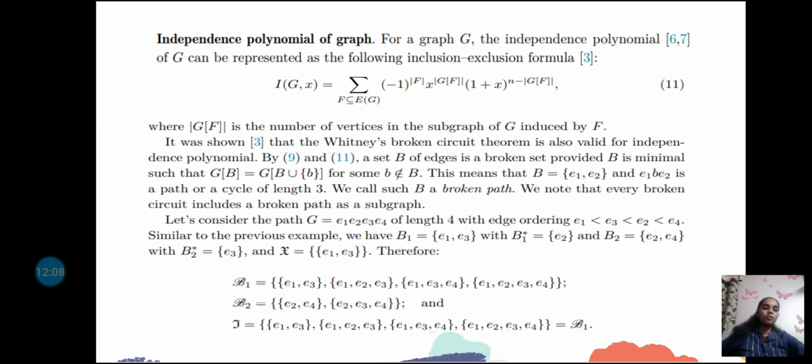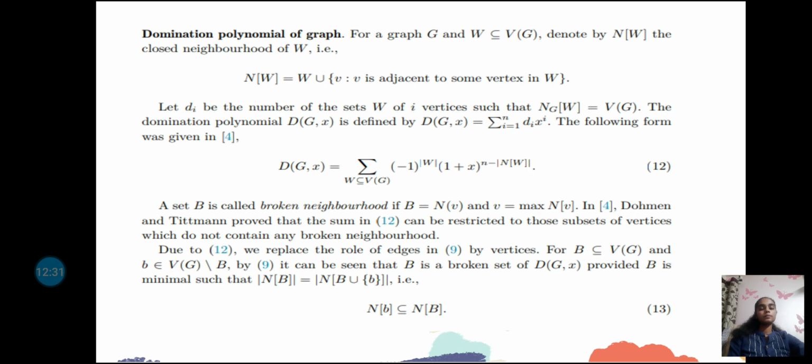A set B of edges is a broken set provided B is minimal such that G[B] is equal to G[B union {b}] for some b. Let us consider the path G of length 4 with edges. Similar to the previous example, we have the following.